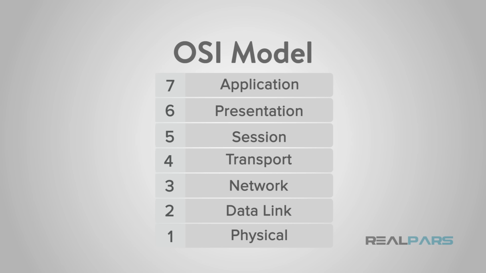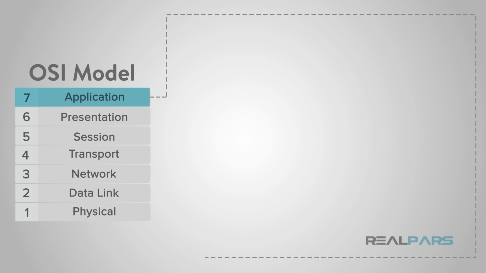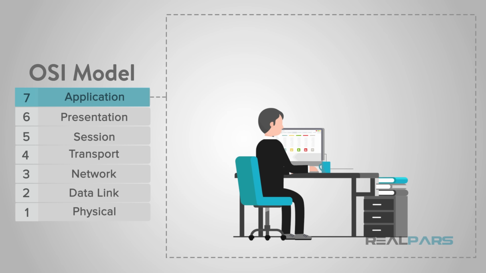We'll describe the layers from the top down, as the top layer is the application layer, or layer 7. This is the layer that most users interact with and will recognize. The application layer provides network services to the end user. These services are protocols that work with the data the client is using.